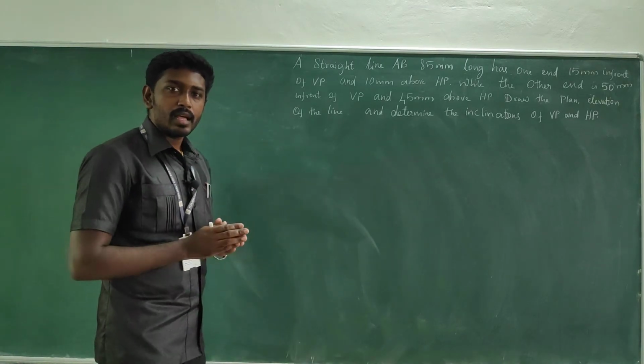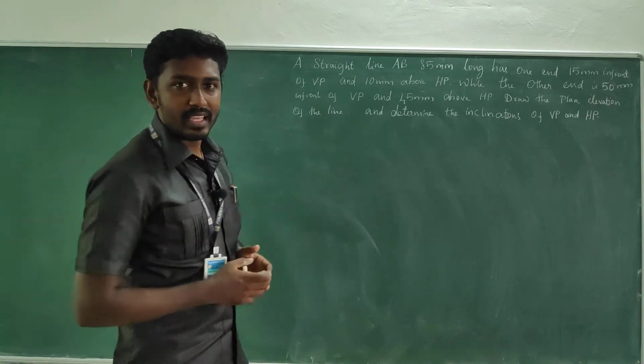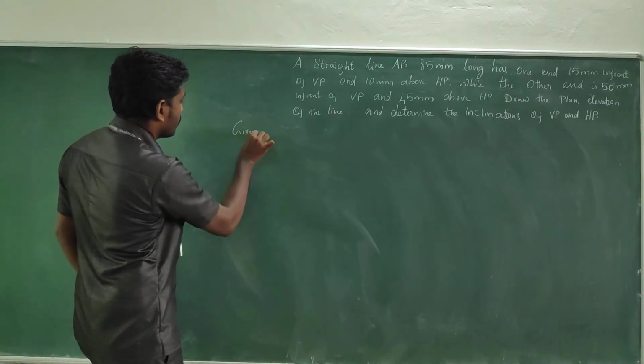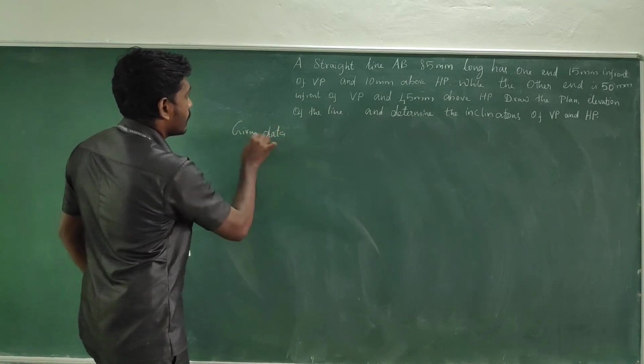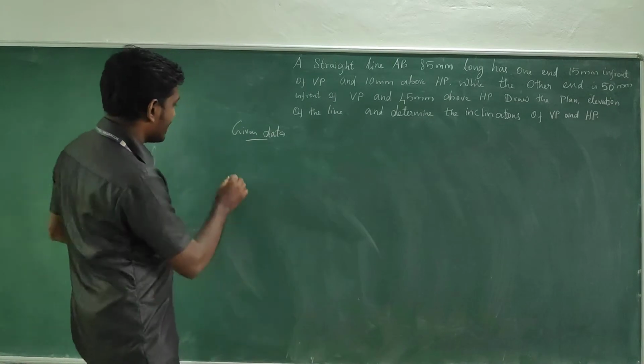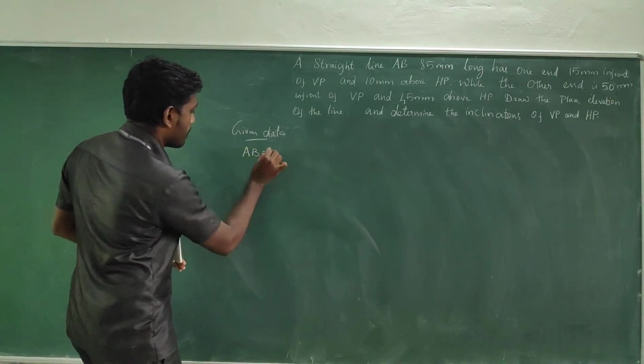First of all, take all the maximum information from the question. So take the given data. A straight line AB 85 mm, that means it's the true length of the line.